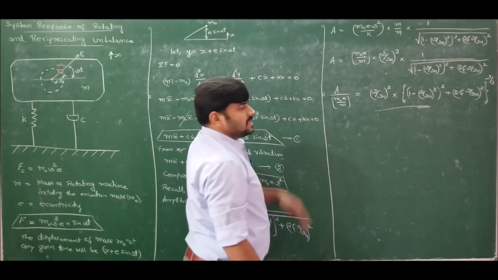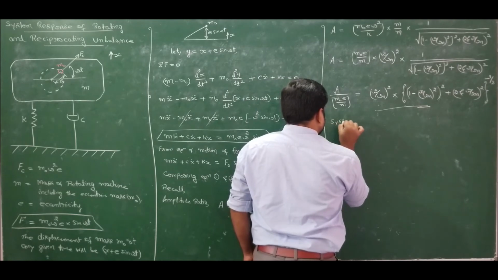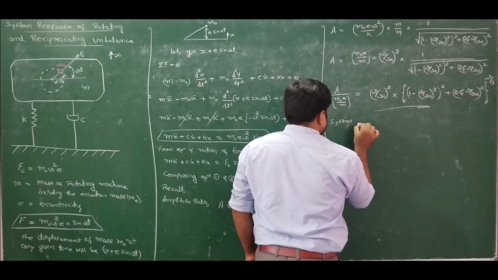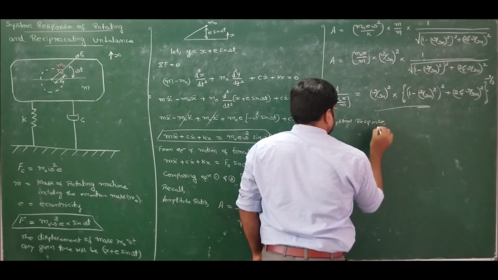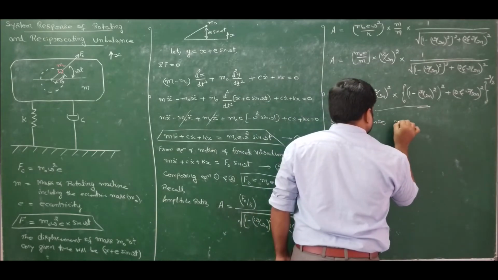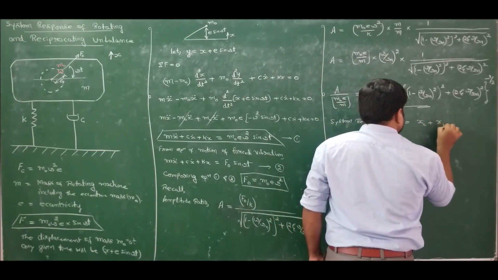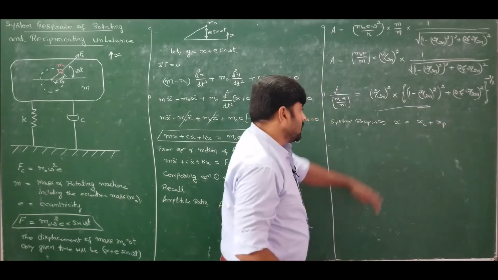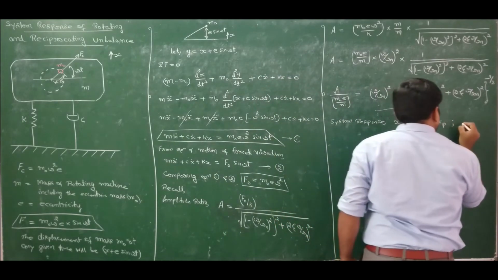Now what is the system response? We know that the system response X is given by complementary solution plus particular solution. What is the particular solution? We have already learnt in our previous lecture.